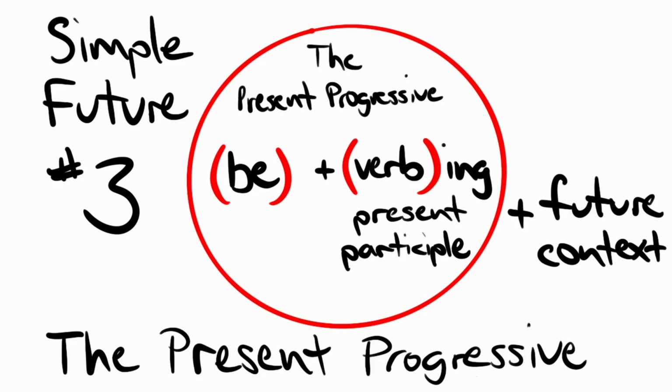Okay, so the third of these verb constructions of the simple future tense is actually its own verb tense that we'll talk about later on, but with the addition of future context, right? So giving it some sort of time. And it's the present progressive tense, also known as the present continuous tense, which is be plus verb ing, and again, that be is not the word be, it's either am, is, or are, plus verb ing, and then giving some sort of idea of the time, right?